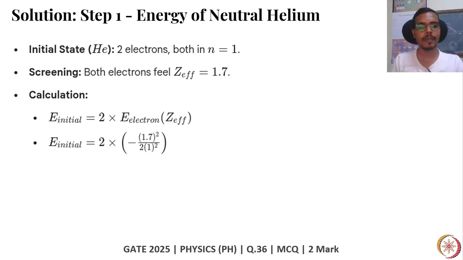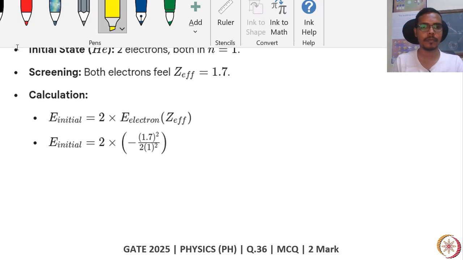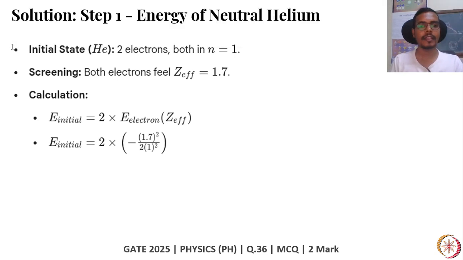First, let's calculate the energy of the initial state, the neutral helium atom. In the independent particle approximation, which the Bohr model implies here, we treat the 2 electrons as occupying the n equal to 1 shell, but seeing a reduced nuclear charge due to screening.